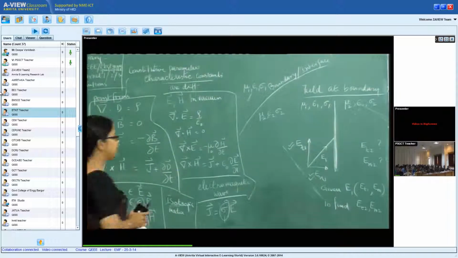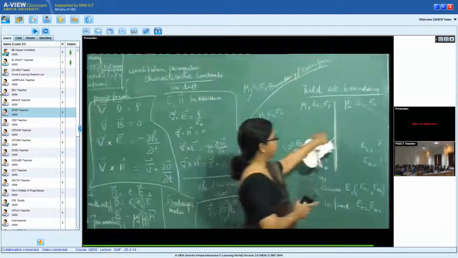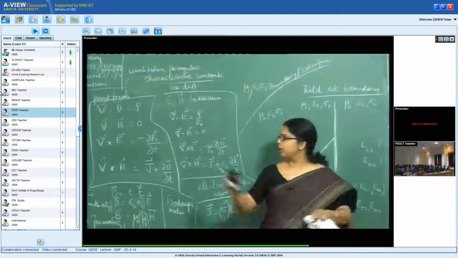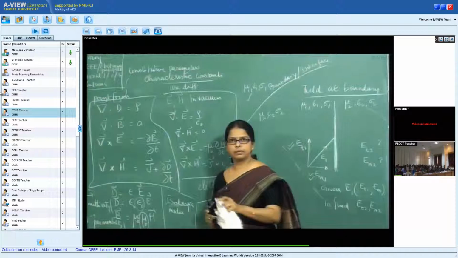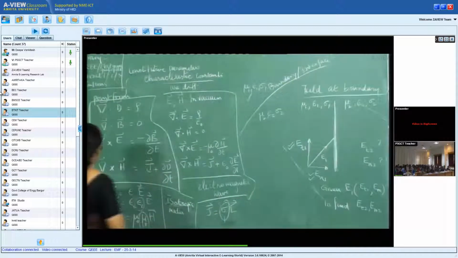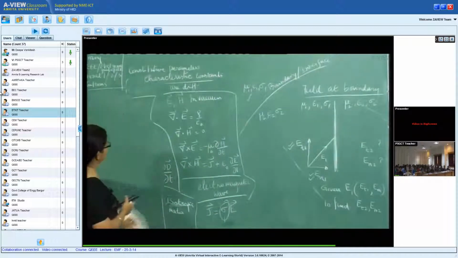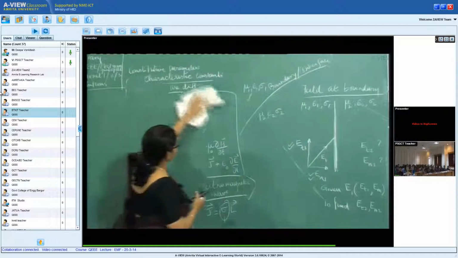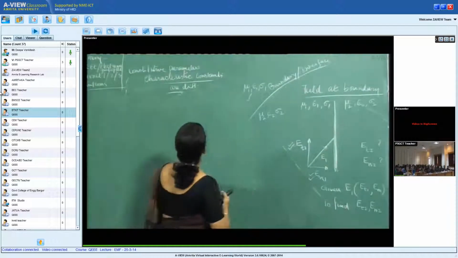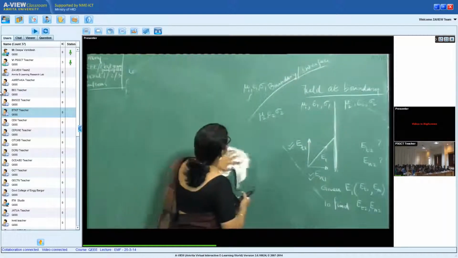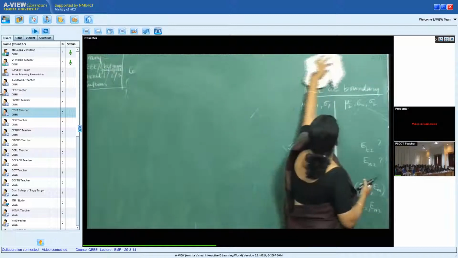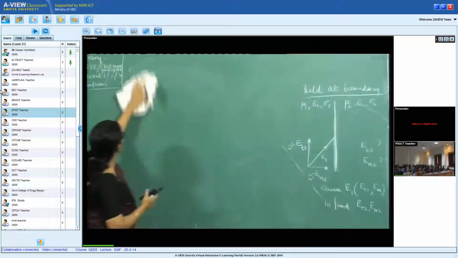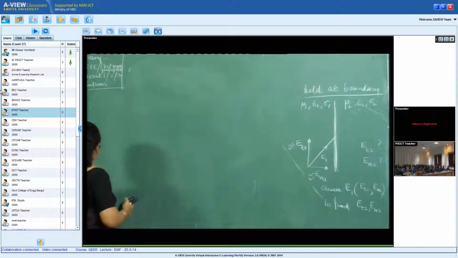Here we are talking about a boundary, which means point form is not helping. What we should use is the integral form. So since point form is not helping, I am erasing this, and we will see what integral form we can use.